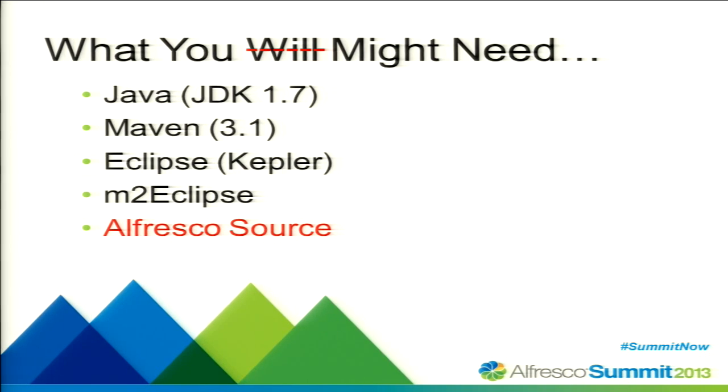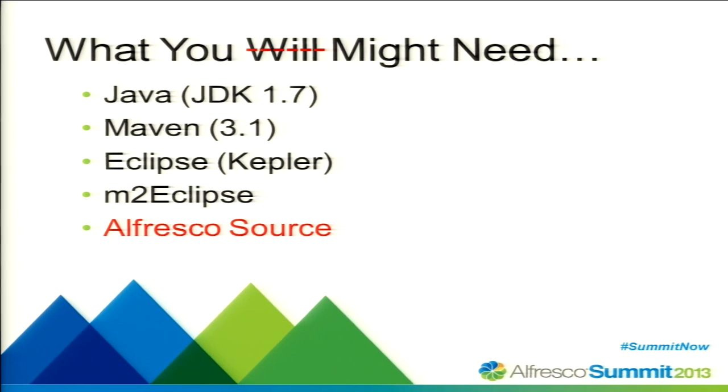You don't specifically need this stuff. You can use a text editor and kind of build stuff yourself if you want to. However, I would recommend getting the Alfresco source code, which has a Maven POM in it that shows how to build a jar. I'm going to distribute a code package, by the way. It'll be put up on the website within the next week or so, and it has some examples of this, plus all the example code that I'm going to be showing you.